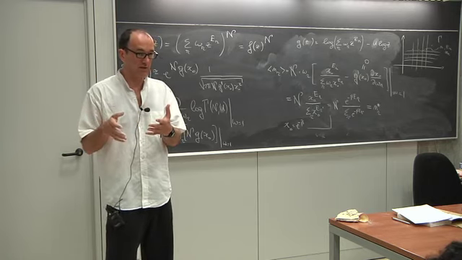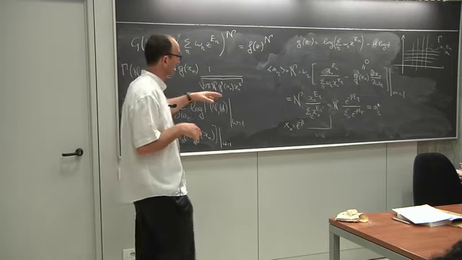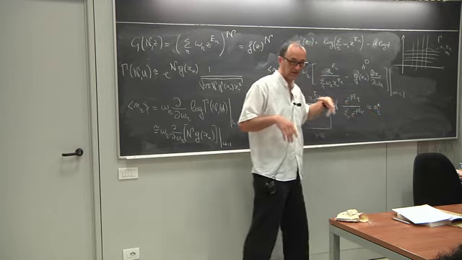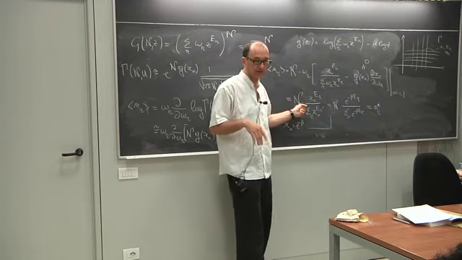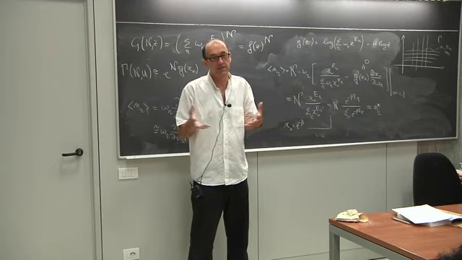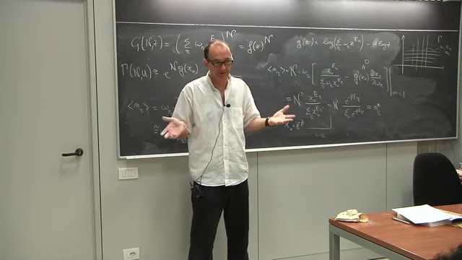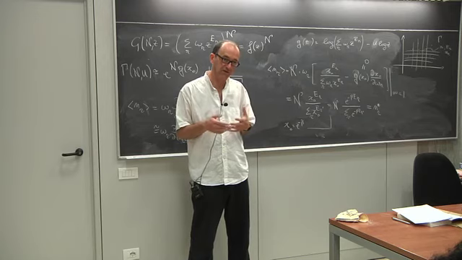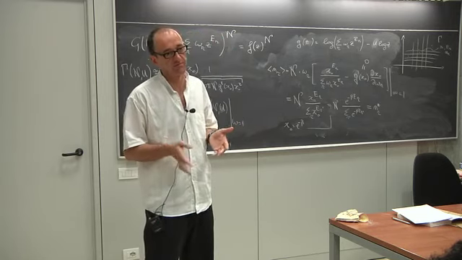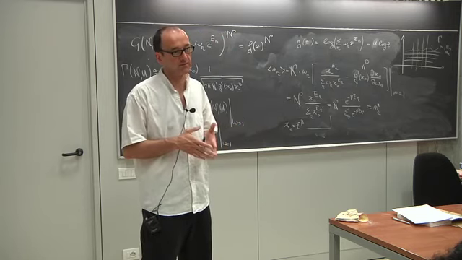So both this calculation and this calculation are valid when the number of points in the ensemble is very, very large. But in any case, the ensemble is defined when this number is infinite. Okay, so this is a good approximation, right?